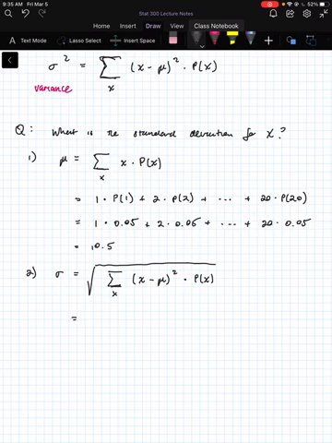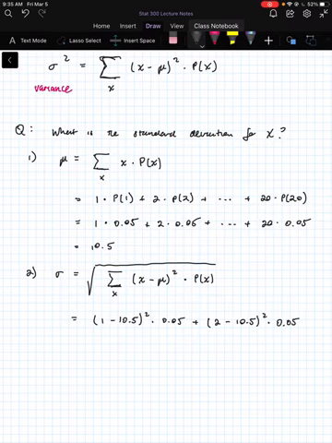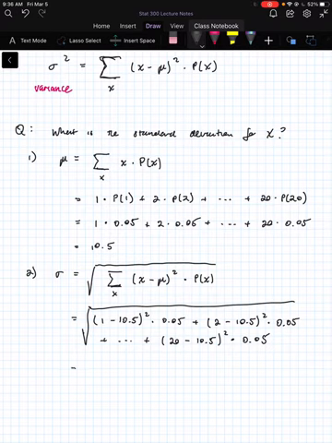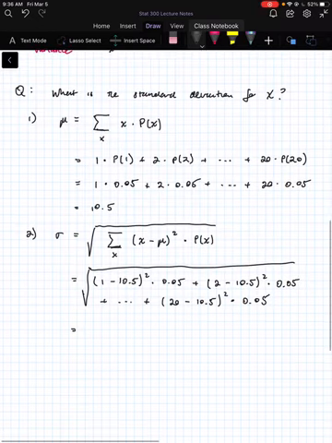So each term will look like 1 minus 10.5 squared times 0.05 plus 2 minus 10.5 squared times 0.05 plus, and so on, until we get down to the very last one. And we take the square root of all of that. Make sure you do that at the very end. Do not do it individually, because that won't be the same answer.